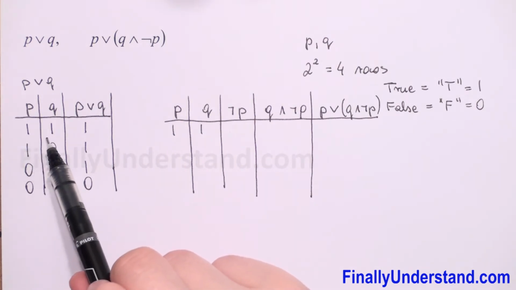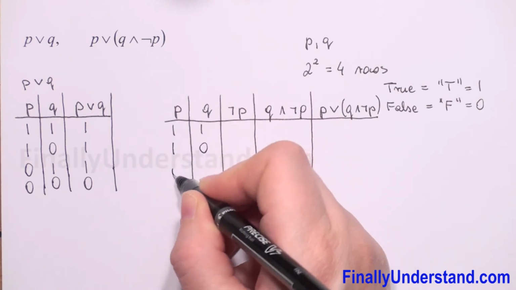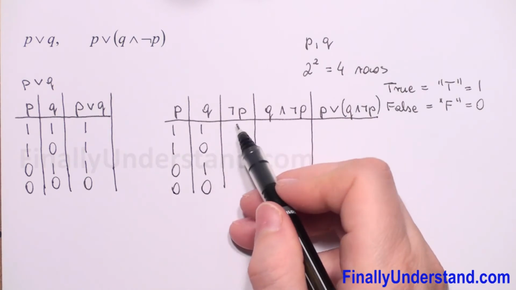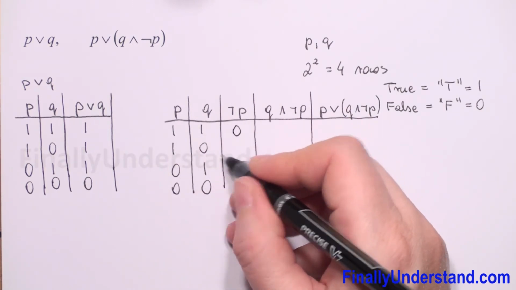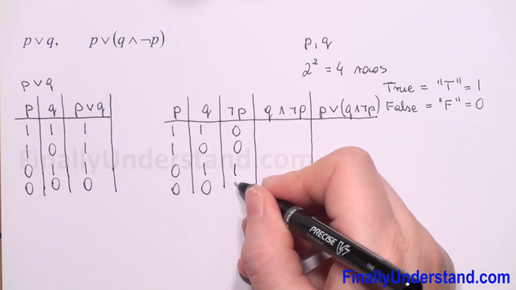P is 1, Q is 1, so it's the same. Next 1, 0, 0, 1, and 0, 0. Next we have the negation of P. If P was 1, now it will be 0, 0, and where it was 0, now it will be 1, 1.